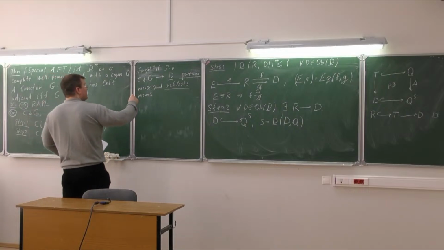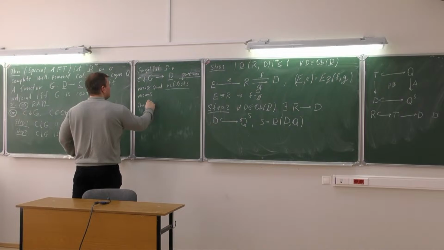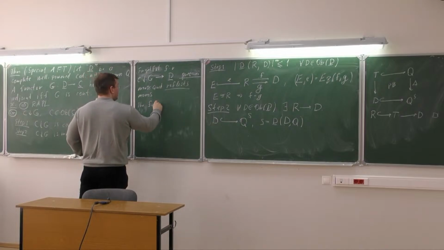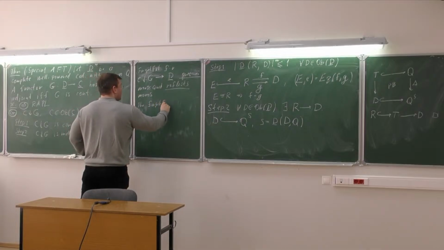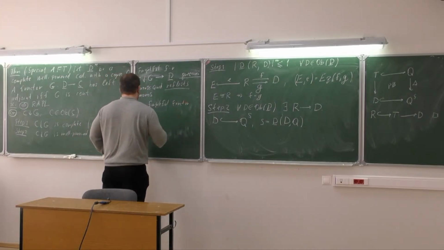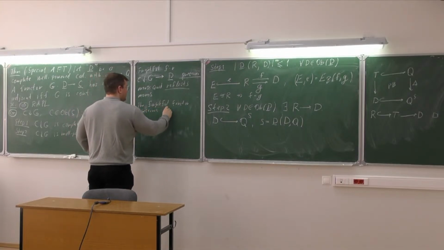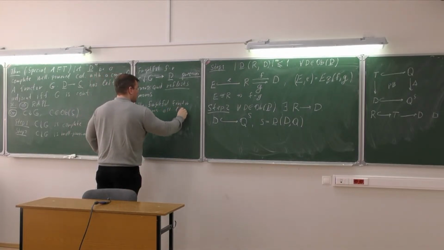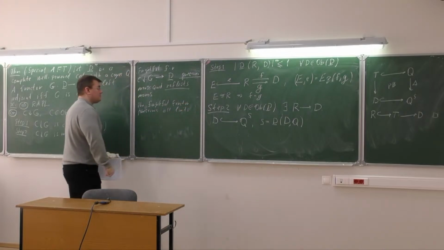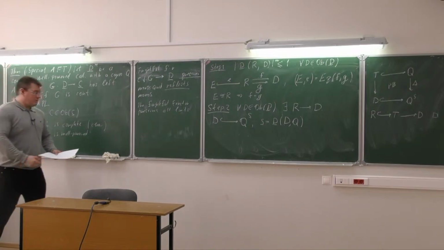We can notice that the projection of the forgetful functor preserves all limits, and if the functor preserves all limits, it preserves monomorphisms.